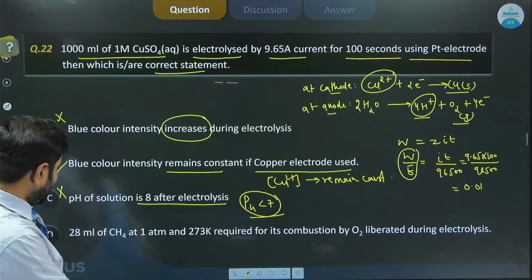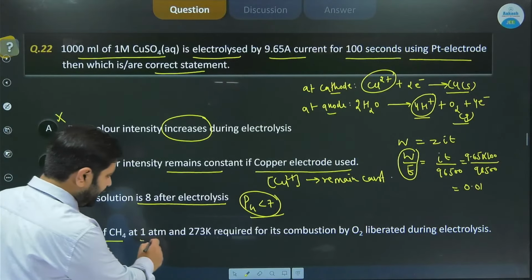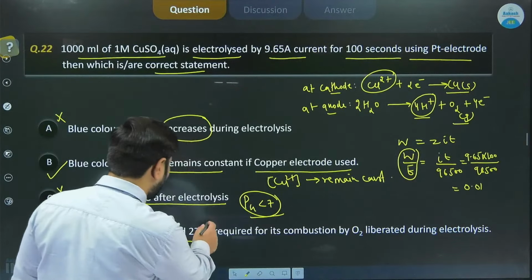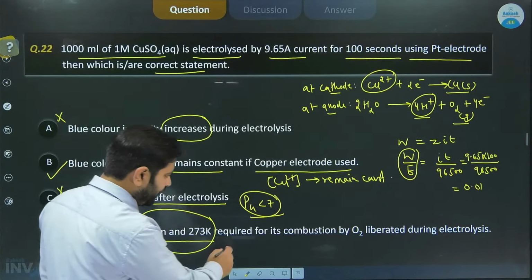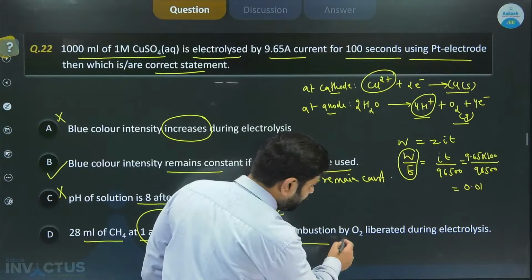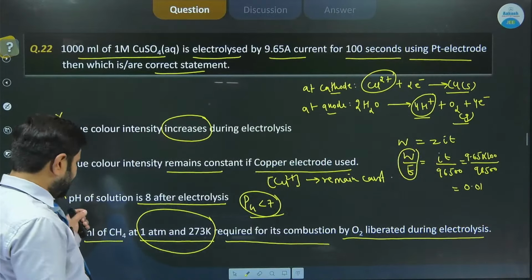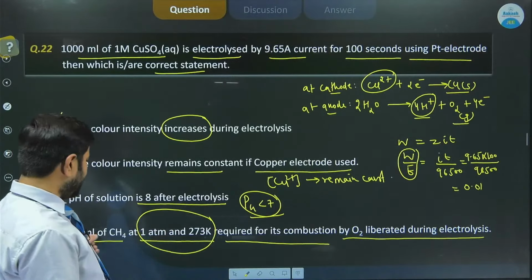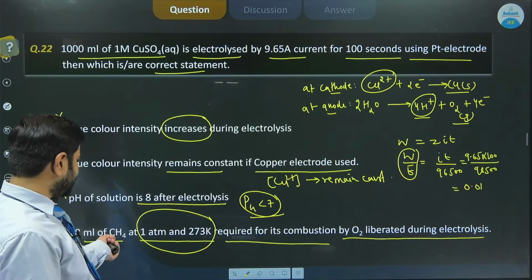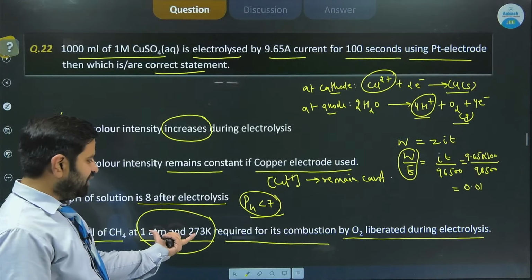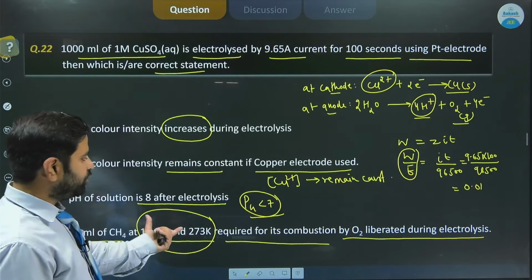Next is 28 ml of CH4 at 1 atm and 273 Kelvin, that is the standard condition, required for its combustion by the O2 liberated during the electrolysis. So it is saying that the volume of CH4 would be 28 ml at these standard conditions. How can we approach this part?